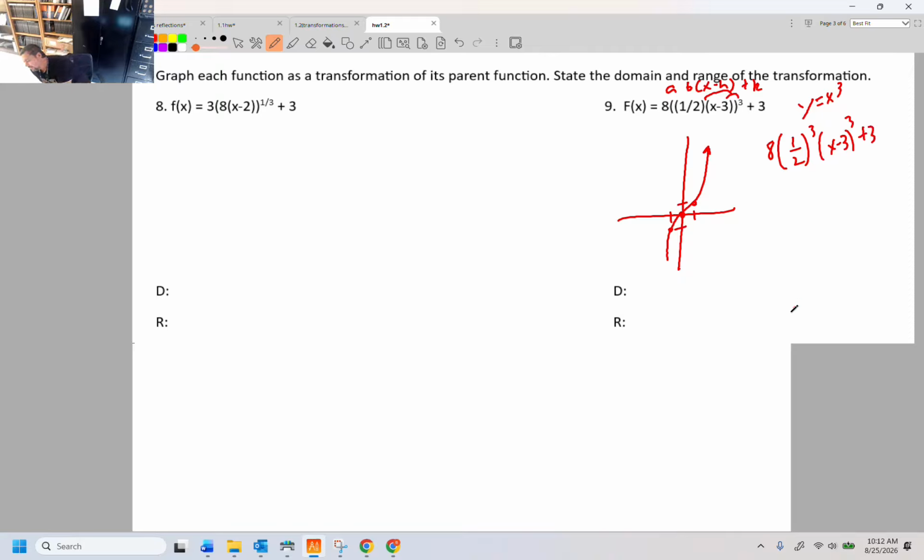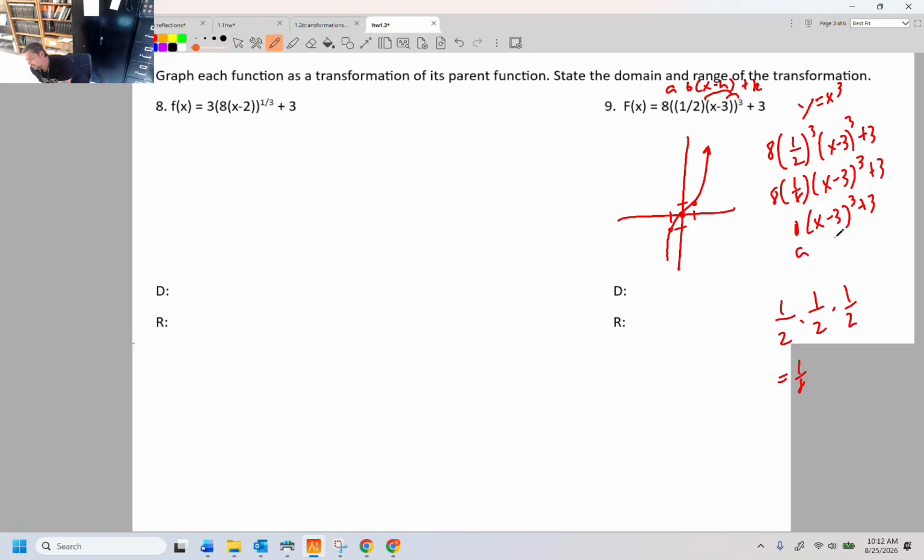And then plus 3. And now in that blank space in our head, we write out a half times a half times a half, and we get an eighth. I've already got an 8 out front, and I'll have to clean that up a little bit more. But an eighth of 8 is an understood 1.